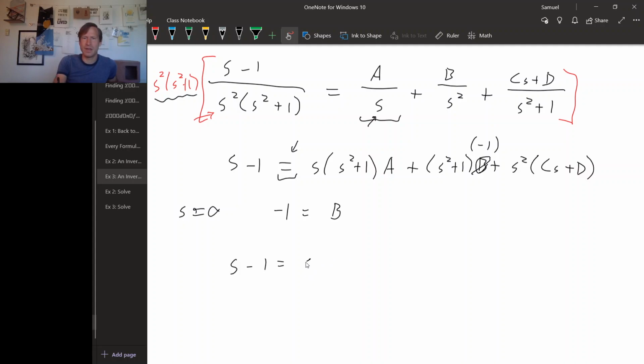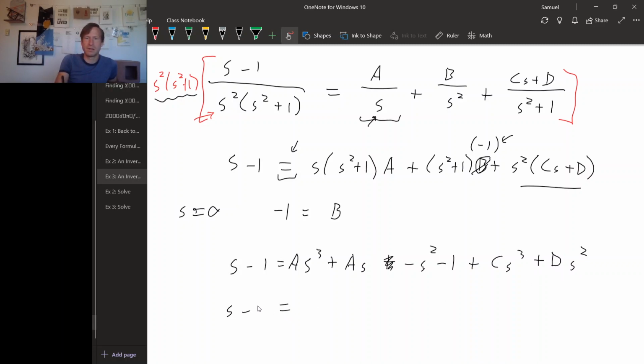So we have a s cubed plus a s coming from this first part. From the second part, we have a minus s squared minus 1, because we already know that b is minus 1 right here. And then from this third term, we have c s cubed plus d s squared. Okay, so on the right-hand side, let's gather up like terms.